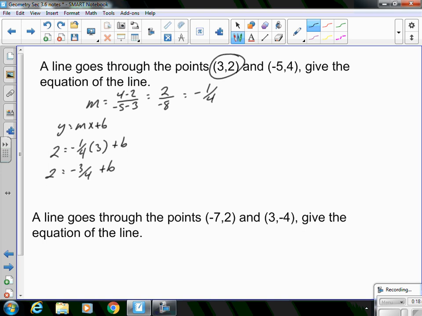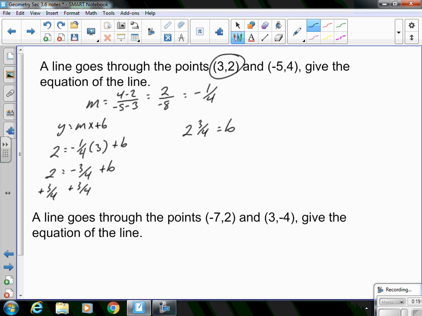So we can add 3/4 to both sides. And so we've got 2 3/4 equals b. But we want to convert that into an improper fraction. We don't want to put a mixed fraction into the equation.